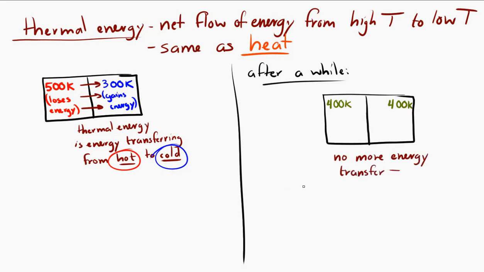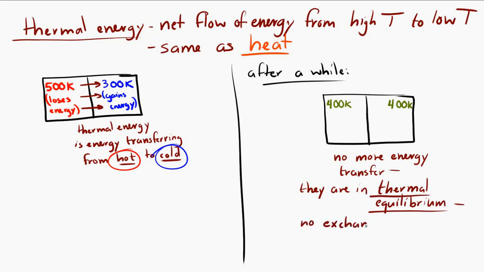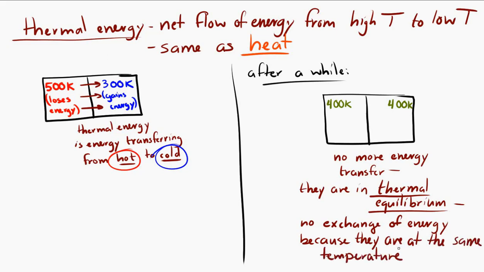Thermal equilibrium because there's no more transfer of energy from hot to cold because there is no more hotter or colder object. There's no net exchange of energy. So thermal equilibrium refers to a situation where the two objects are at the same temperature and there is no more net flow of thermal energy between them.